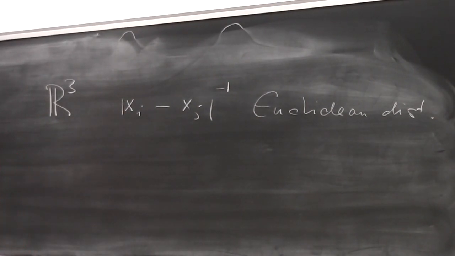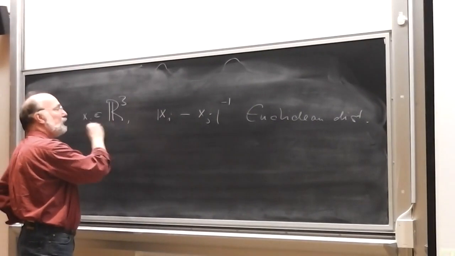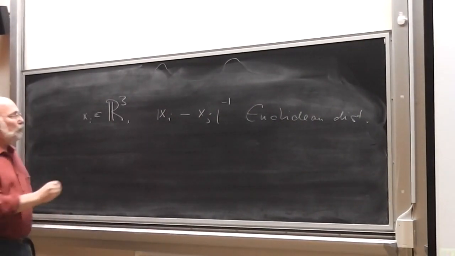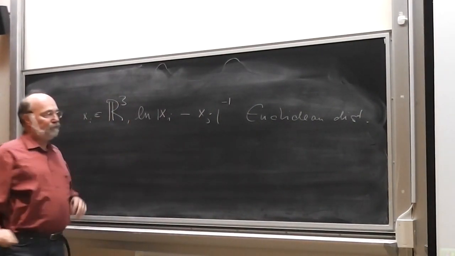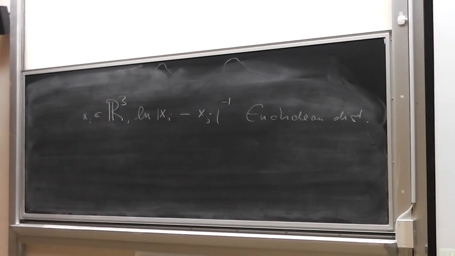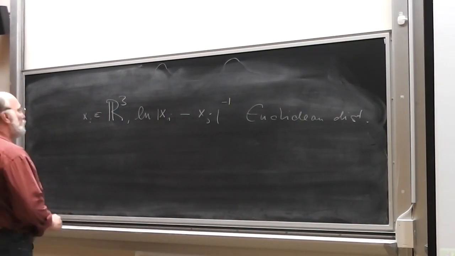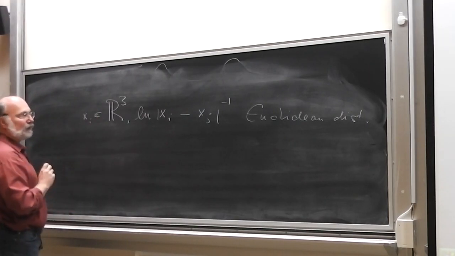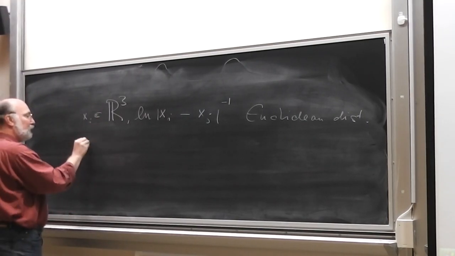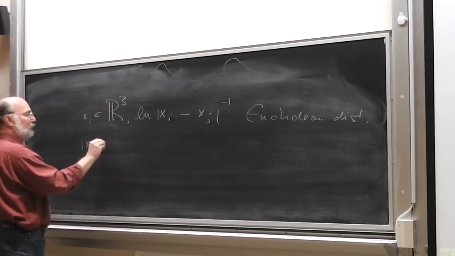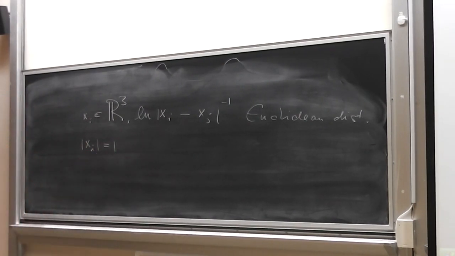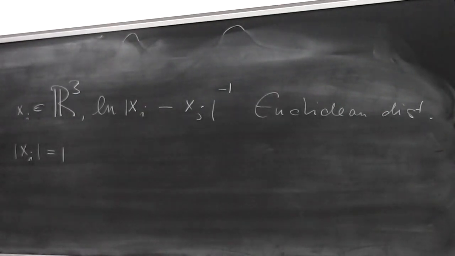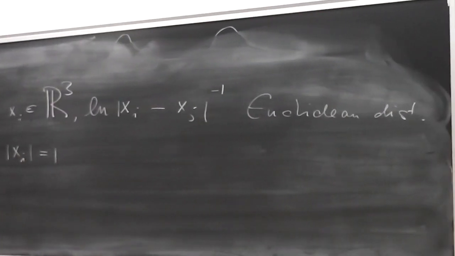But what Smale was actually doing, he took the log of the 1 over the distance, and moreover, the restriction is that even though the xi are in R3, they all have unit length. So that means they are actually on S2. Points on S2, but represented as vectors in R3.